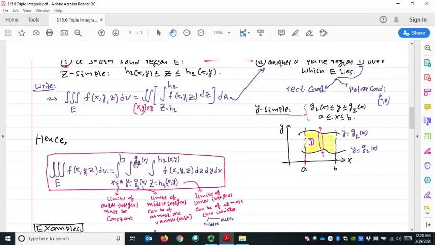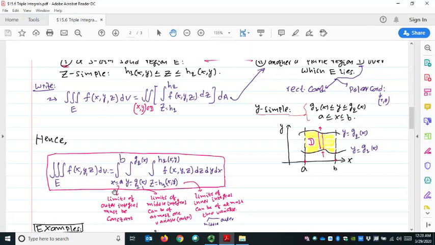And next is the middle integral, which is the y integral, whose limits are g1(x) to g2(x). So in other words, the limits of the y integral depend on the outer variable x. And then the last one is the outer integral, which is the x integral, whose limits must be constant.